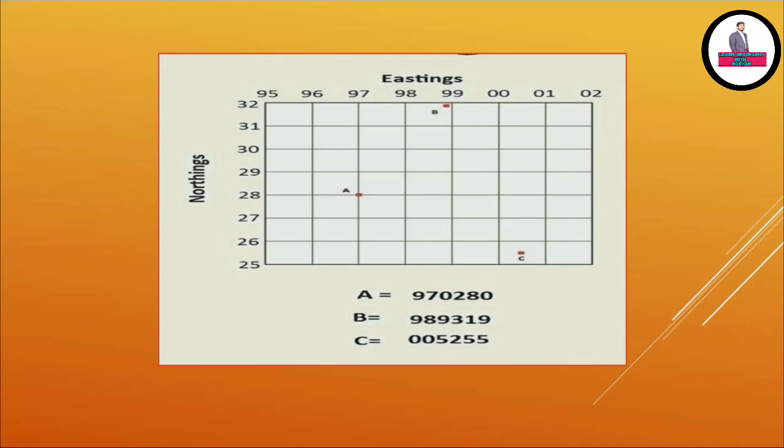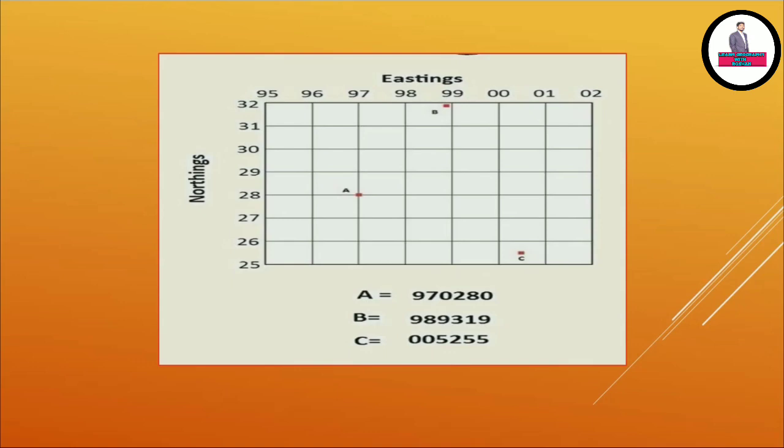The next example is that B is 9, 8, 3, 1. So the symbol is to the corner of the grid square. You can take approximately, or you need to measure with the scale. It will come 9. That means 18 or 19 will be coming in the scale.